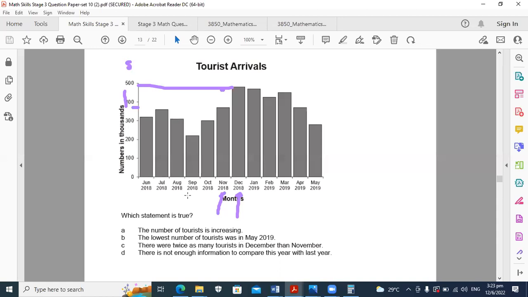It's actually September 2018. And then C is inconsistent. So I would say D, there's not enough information to compare. All right? Yes, sir. So the answer there is D.